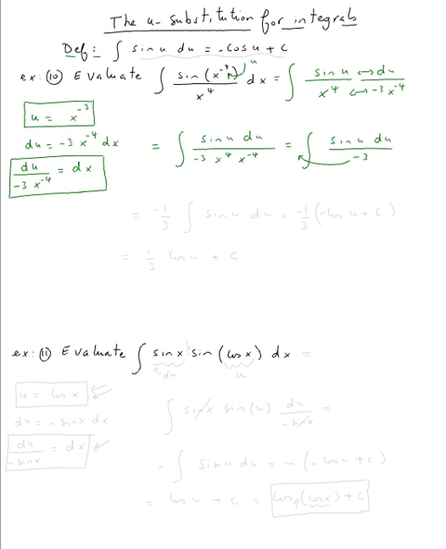Now remember that's 1 over negative 3, you can take it outside, so that will be equal to negative 1 over 3 times the integral of sine of u du, and then use the definition. The definition says that's equal to negative cosine of u plus c, so that would be negative 1/3 times negative cosine of u plus some constant.